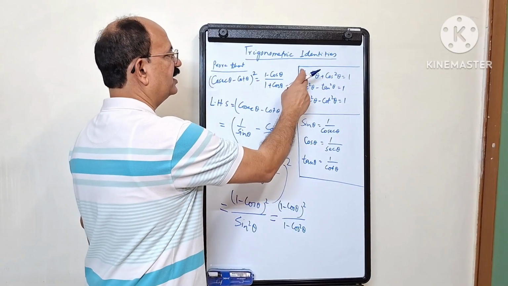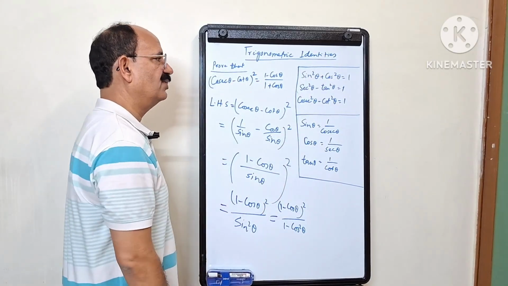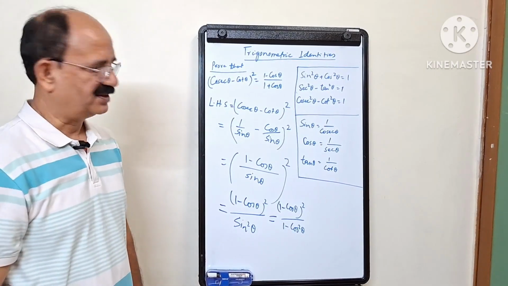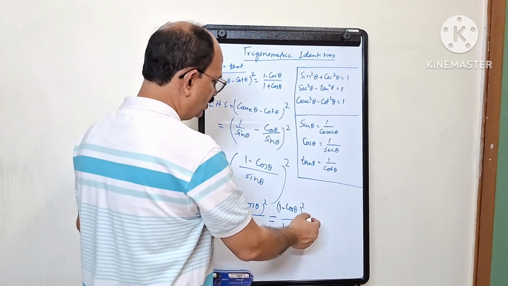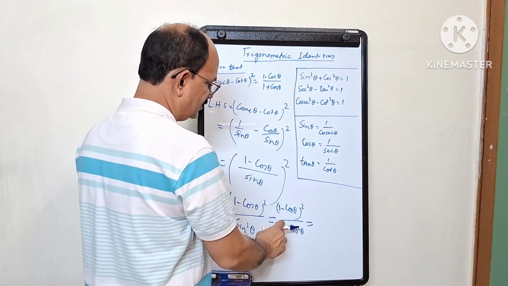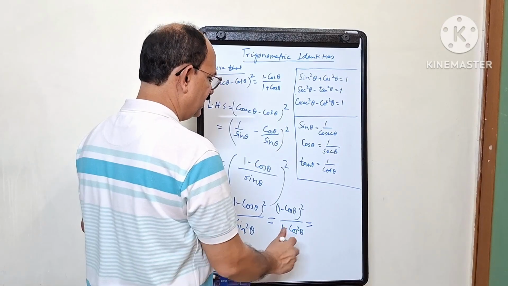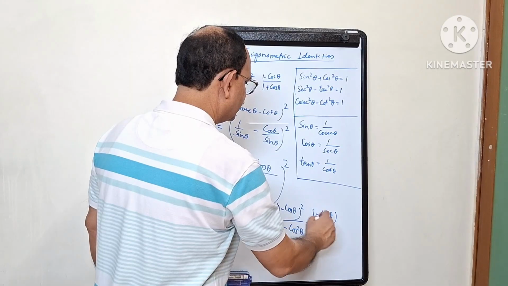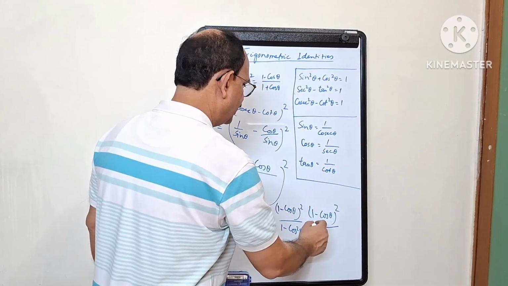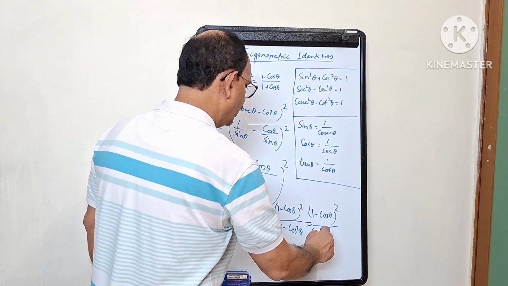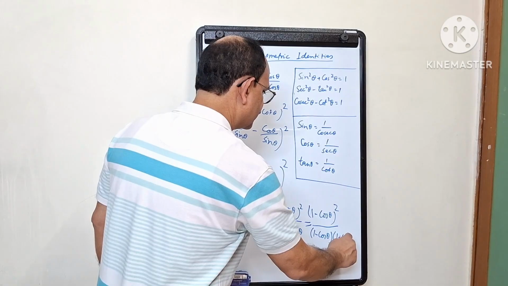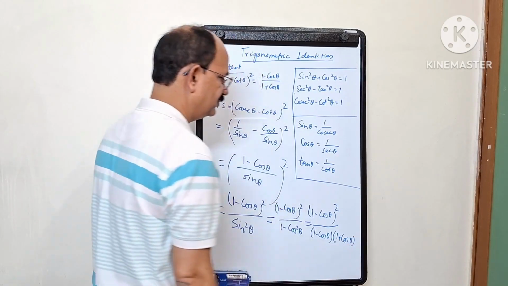Because sin square theta plus cos square theta is equal to 1, therefore sin square theta will be 1 minus cos square theta. Now I can use algebraic identity because this is in the form of a square minus b square. So I can write it as 1 minus cos theta the whole square divided by 1 minus cos theta into 1 plus cos theta.